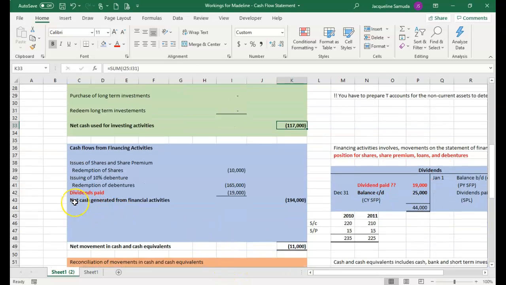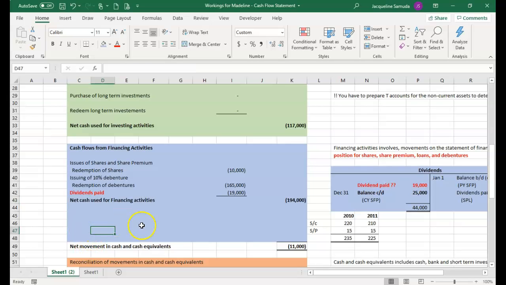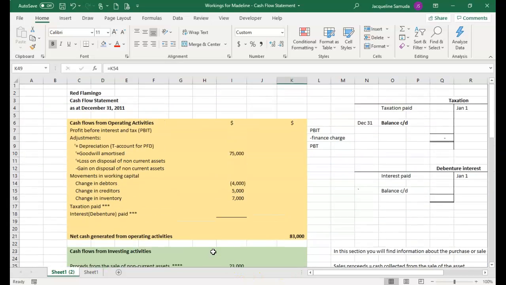And down here they used, not generated, used. So let me change this to net cash used for financing activities. Okay, so they're spending a lot of money that year. That is probably why they ended up with this negative figure here.